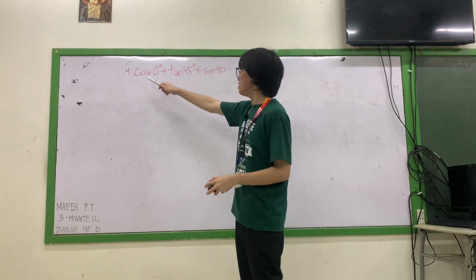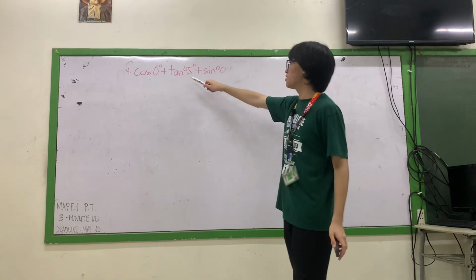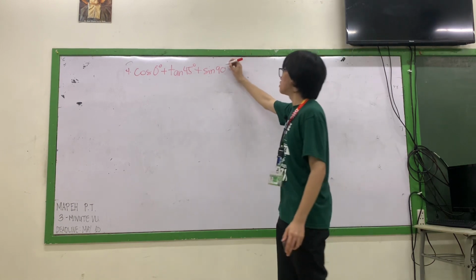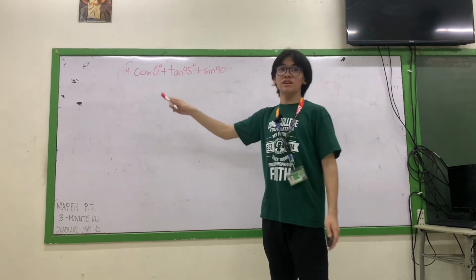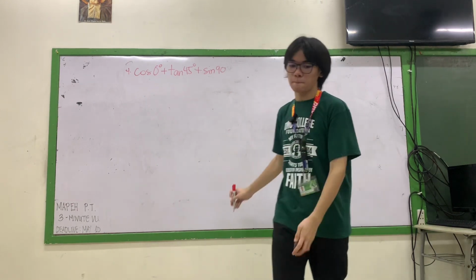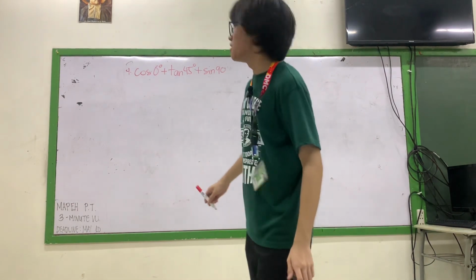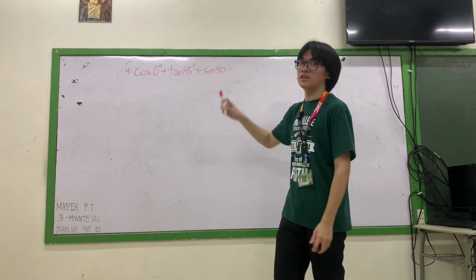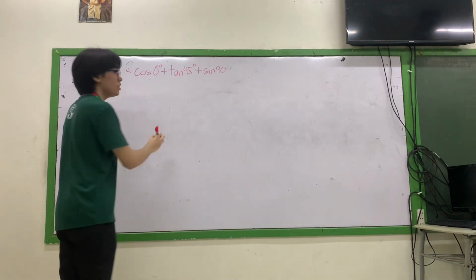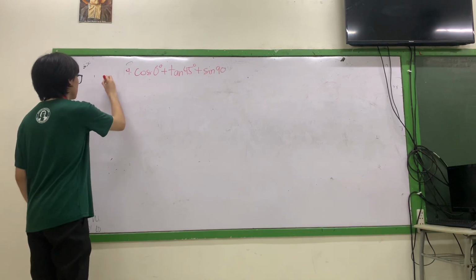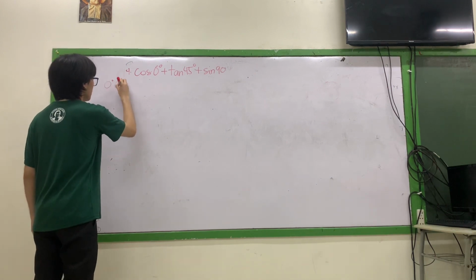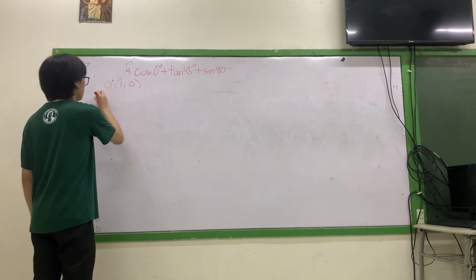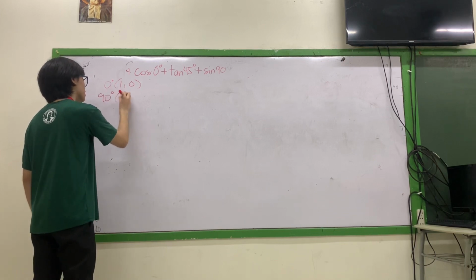We have cosine of 0 degrees plus tangent of 45 degrees plus sine of 90 degrees. How do we get the exact value of this equation? First of all, let's go with the easy route first and find the cosine of 0 and the sine of 90. We know that the terminal points of 0 are (1, 0), and the terminal points of 90 are (0, 1).